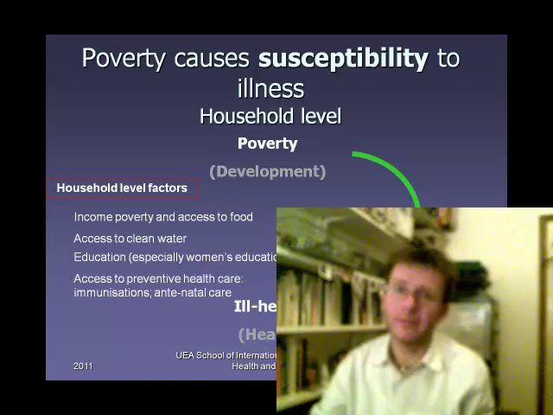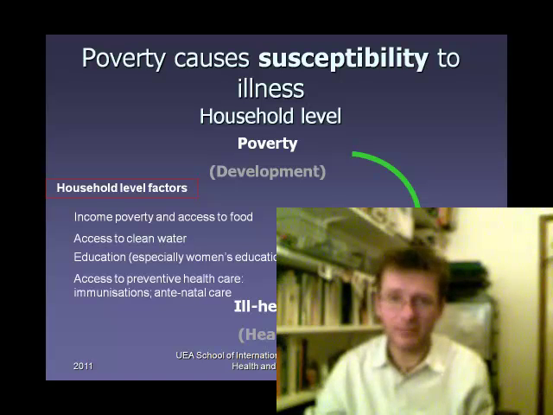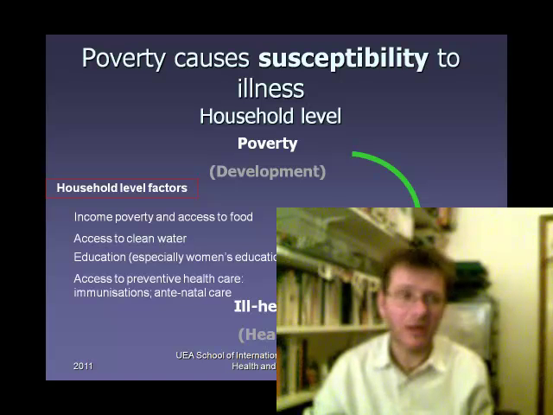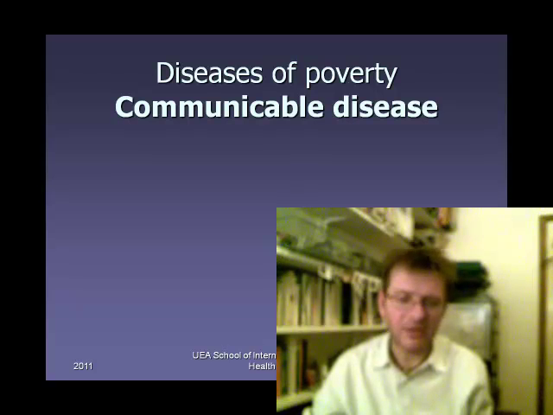Antenatal care for pregnant women is also a very important intervention that can help prevent unnecessary illness or even death. Now, in situations of poverty or lack of development, all of these things combine to create susceptible environments, high-risk environments where people become ill quite frequently. And usually they become ill through diseases of poverty or communicable diseases.